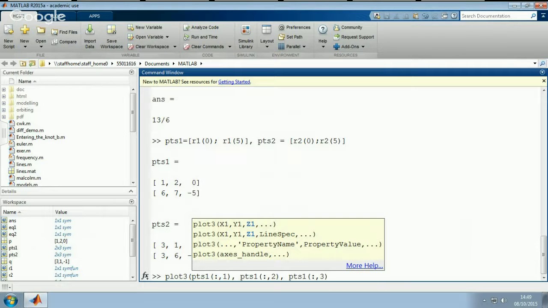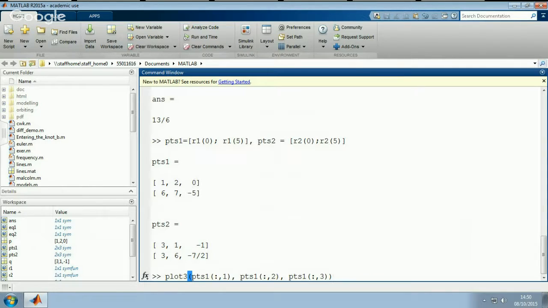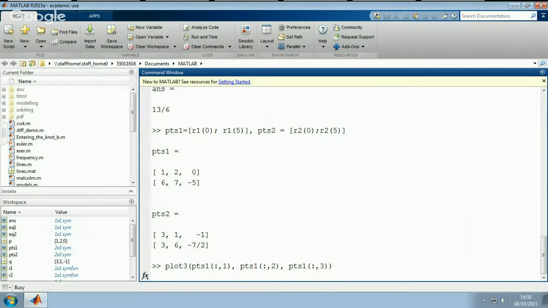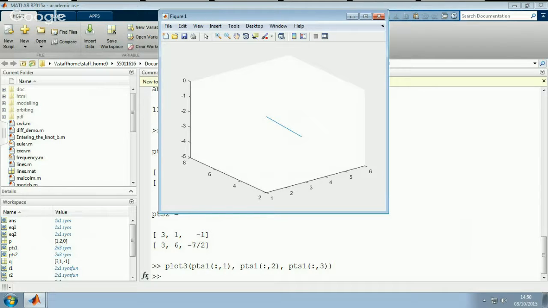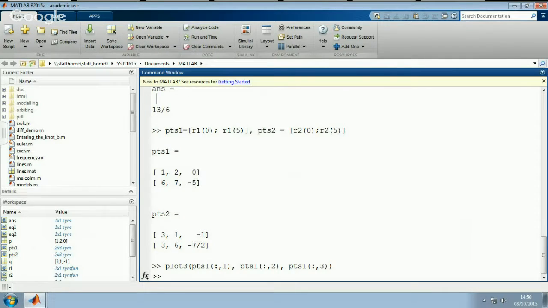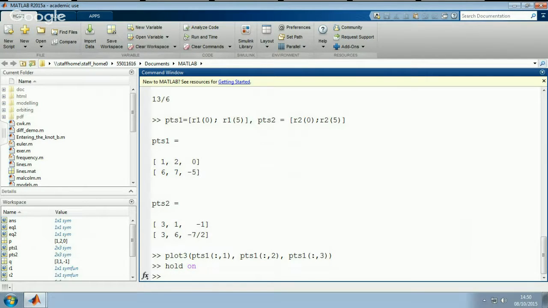So I've given it 2 x coordinates, 2 y coordinates, and 2 z coordinates, and it will draw the line between those two x, y, z points. So that puts a line in 3 dimensions. Okay, we'll return to that plot shortly. And you do hold on, so I want to add further things onto that same plot.